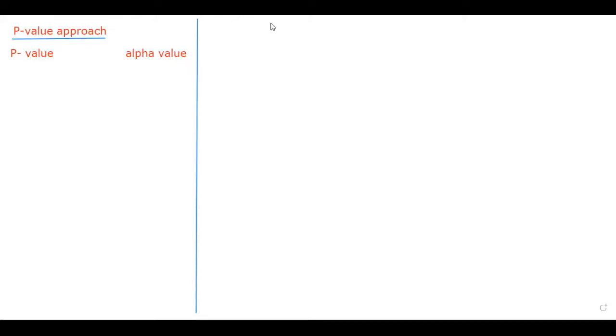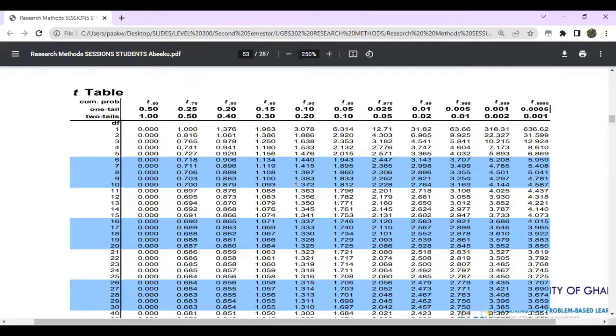So let me share the screen. We are going to search for 1.82. And as I said, you might not get the exact 1.82 there. So whatever you get, if it is closer to 1.82, you take it. So this one, 1.82, who can tell me where it was?